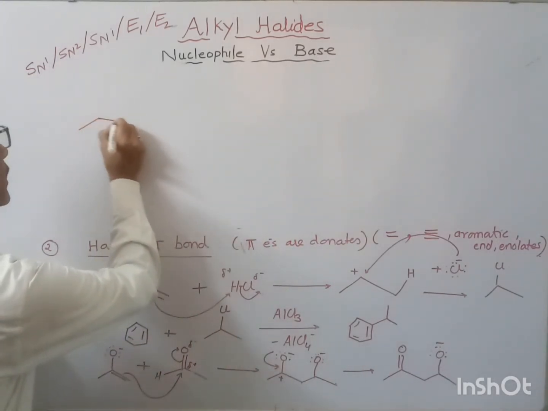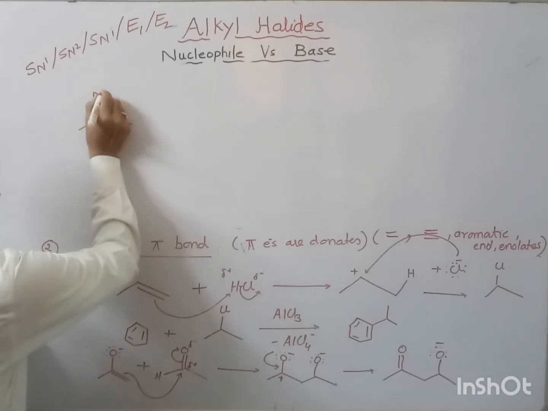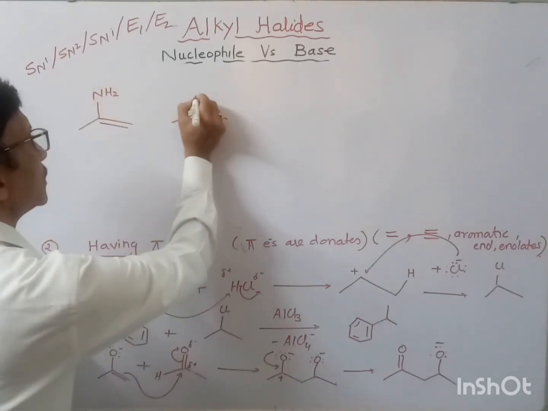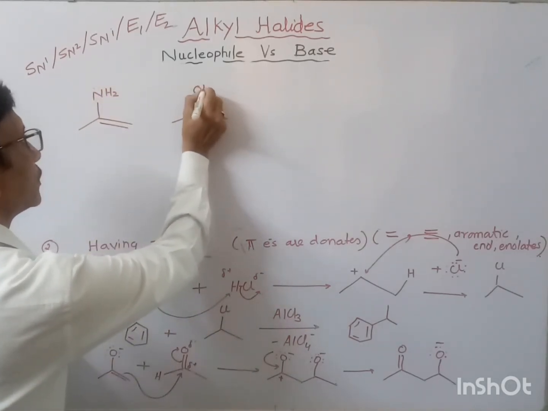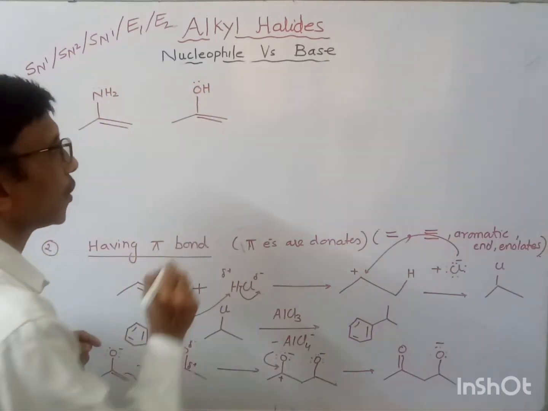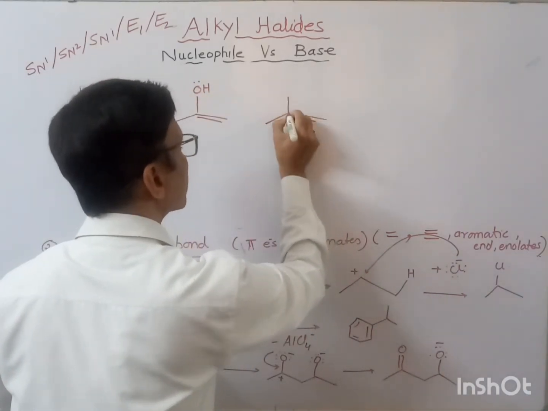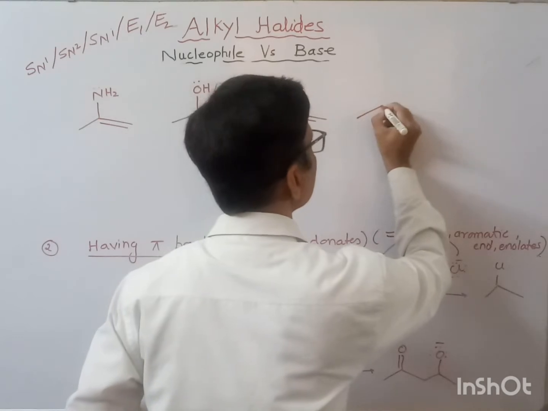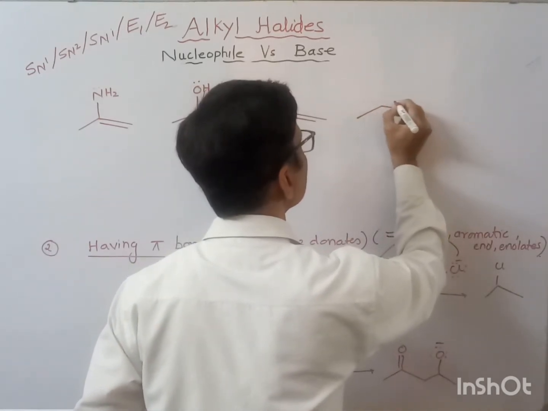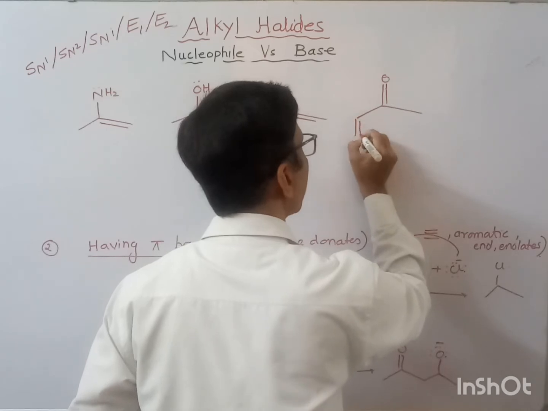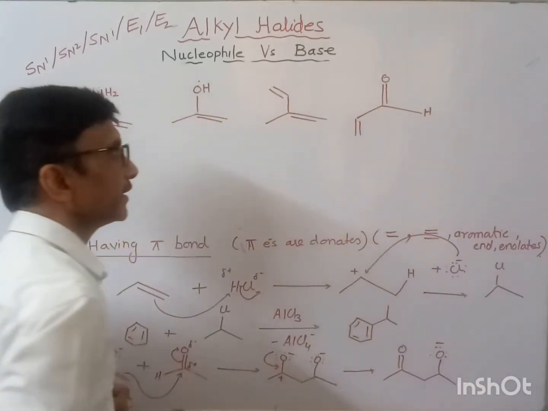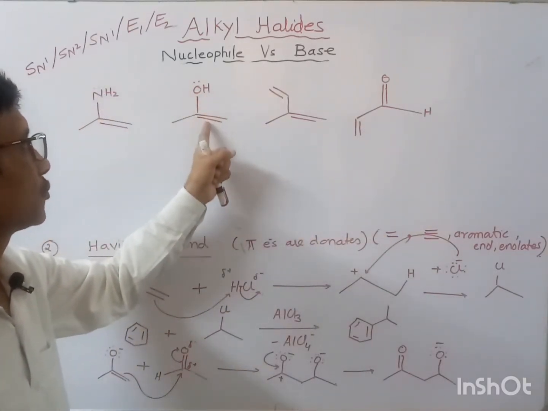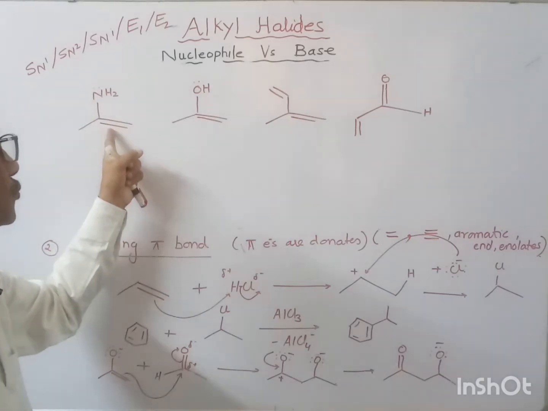Suppose I add one group, say NH2, or I have added another group, here hydroxide, or we may have another pi bond in conjugation with this, and similarly another group, suppose aldehyde. So the aldehyde group is in conjugation with the pi bond, this OH group is in conjugation with the pi bond, and this NH2 is in conjugation with the pi bond.